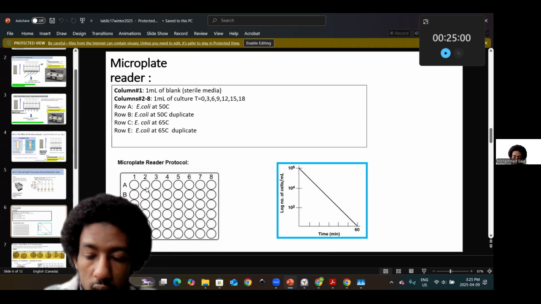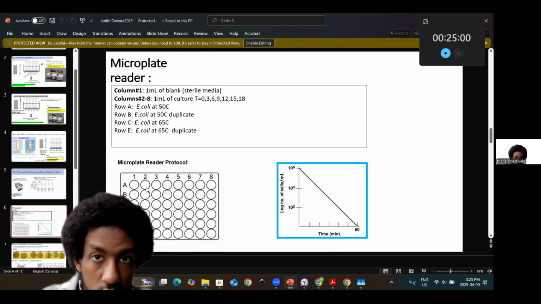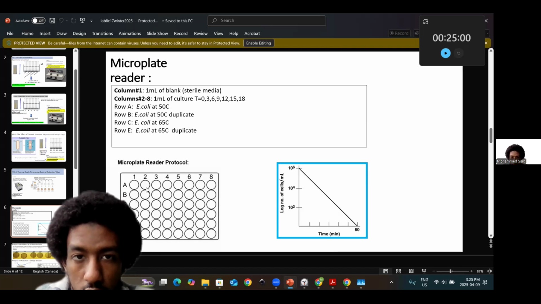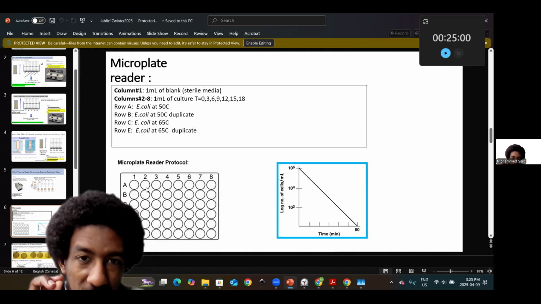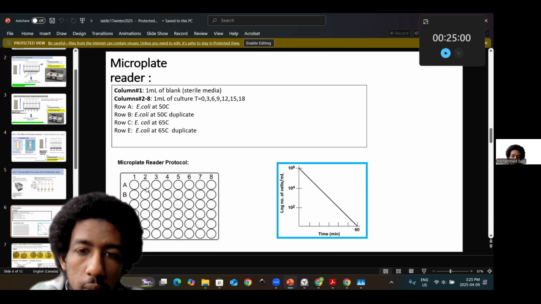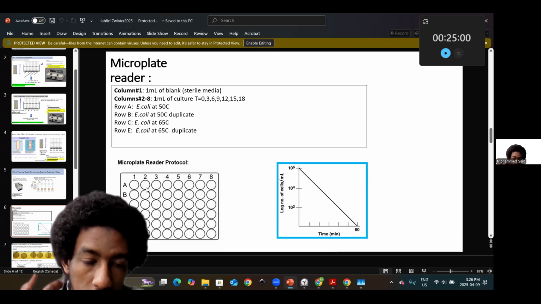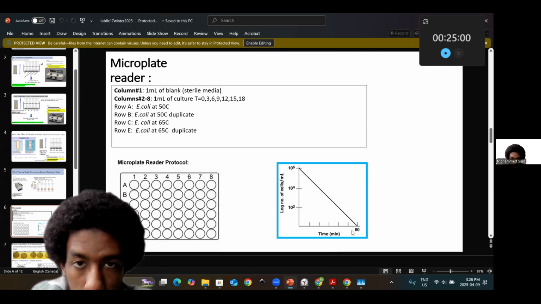Following the 0 minutes, you would have used a pipette to place them into the wells for the two reps for each flask, be it A and B for 50 degrees or C and D for 65 degrees. And then every 3 to 4 minutes, I would have continued to do that. I say 3 to 4 minutes because it's pragmatically very difficult, or it is something you want to bear in mind. I understand you would want to do it every 3 minutes to see the equal incremental change across time.